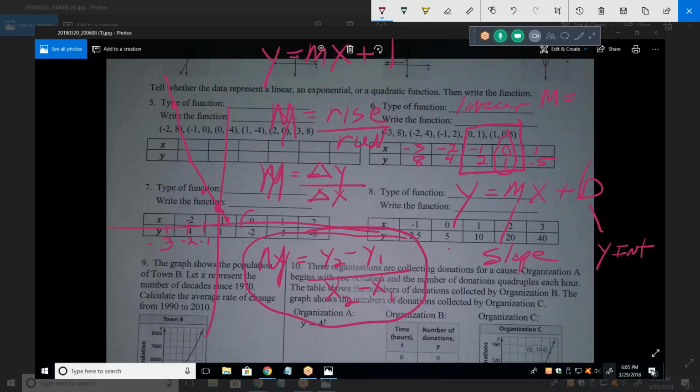The change in y would be 1 minus 2, so -1. And what is the run? Change in x is just 1. Which means our slope is -1.